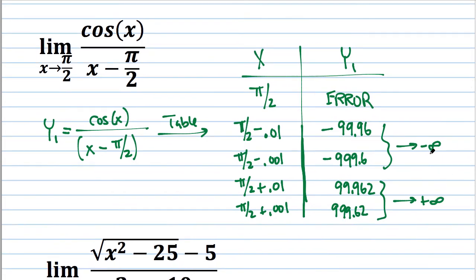In this case, I have a diverging path on either side. That means at x equals pi over 2 we have a vertical asymptote, with a negative infinity limit on one side and positive infinity on the other. So the actual limit here does not exist, because they do not approach the same thing from both sides.